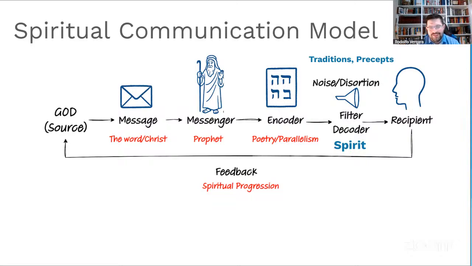And whatever is in the way of you really seeing with clarity is what we call noise or distortion. This can be tradition, precepts, disobedience. I think section 93 mentions that Satan takes light and truth because of the tradition of their fathers and disobedience.